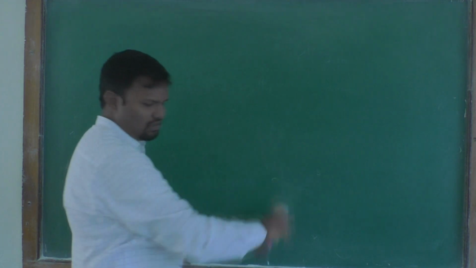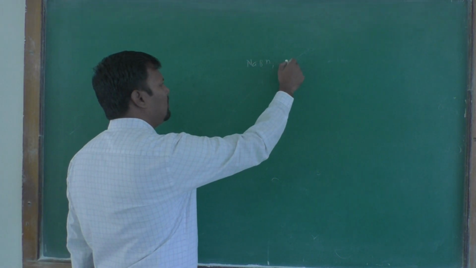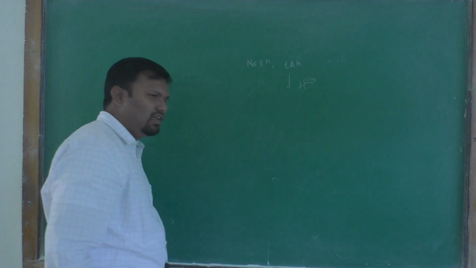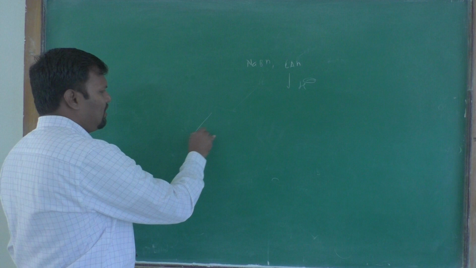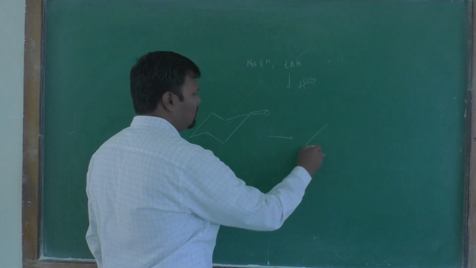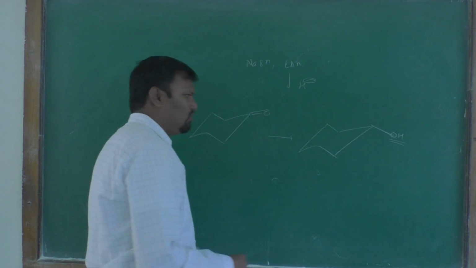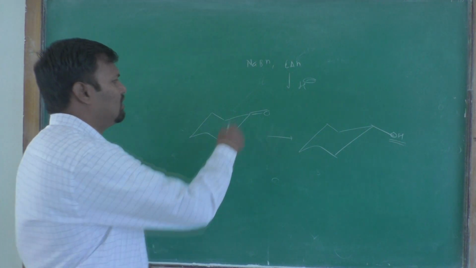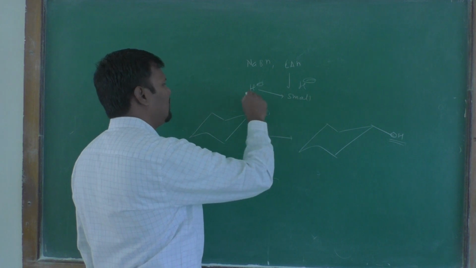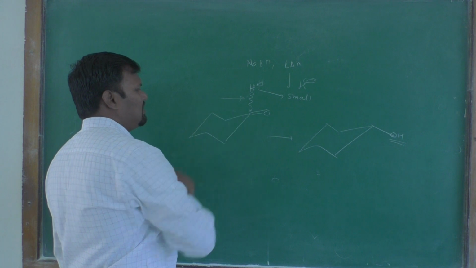Reduction using NaBH4 or LAH gives the hydride ion. When you use NaBH4, it gives mostly the equatorial hydroxy group, because the size of the hydride ion is very small, so it has no problem coming from the axial side.